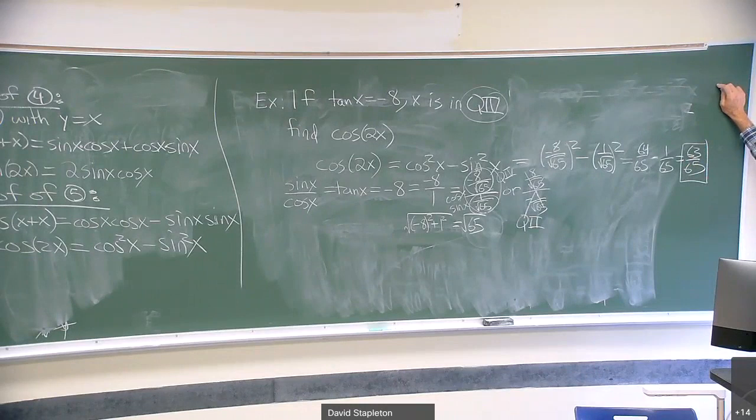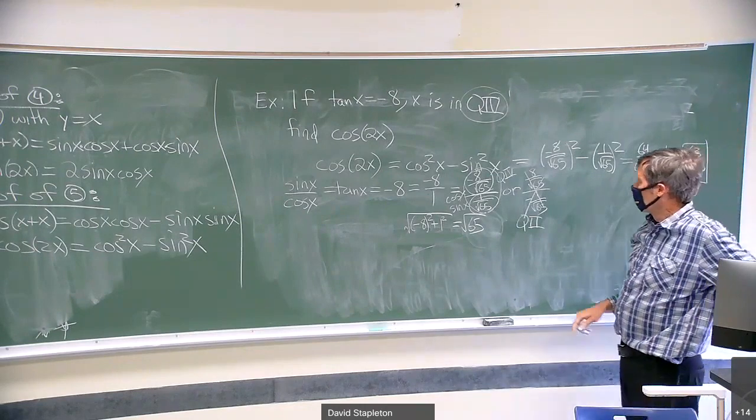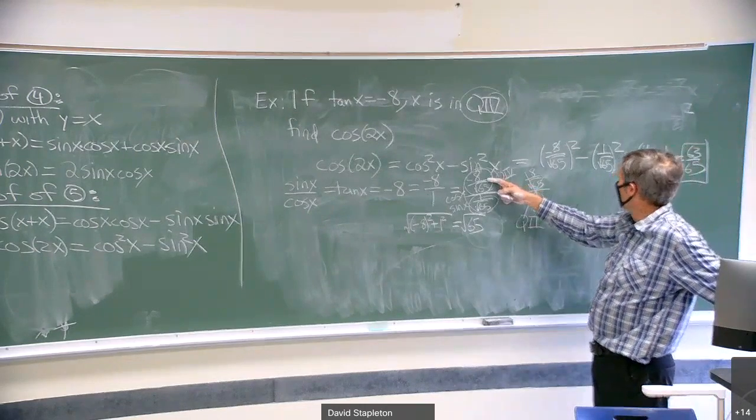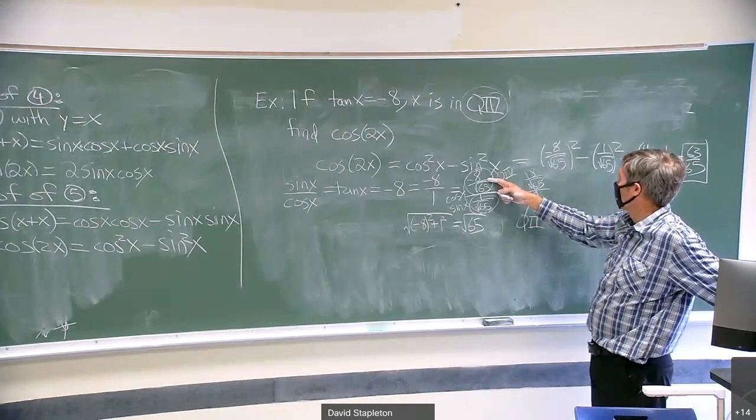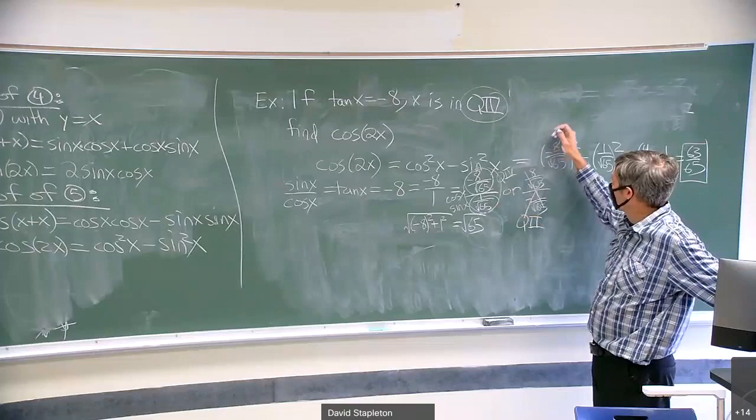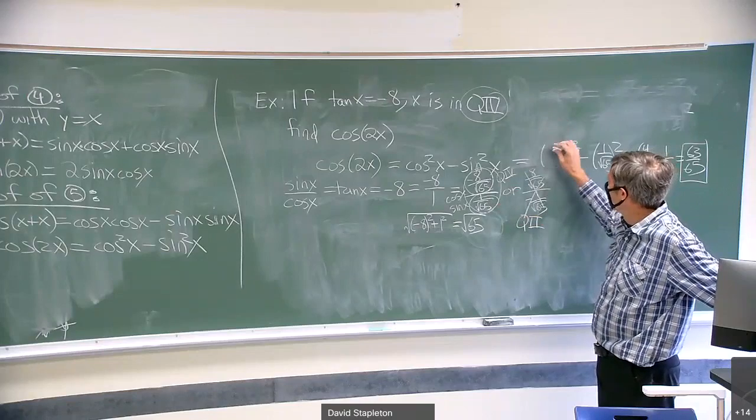Are you sure cosine is equal to negative 8 over 65? Sine should be negative 8. Did I write it backwards? Oh, I wrote it backwards, didn't I? Thank you. Yeah, that's sine and that's cosine. I wrote it backwards. So this one should have been 1.